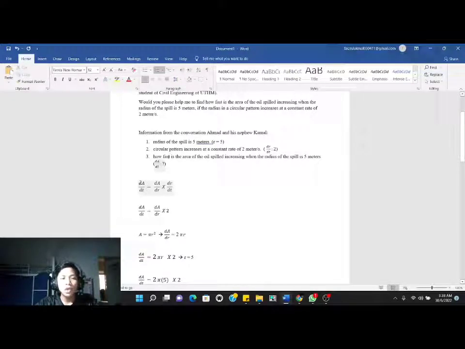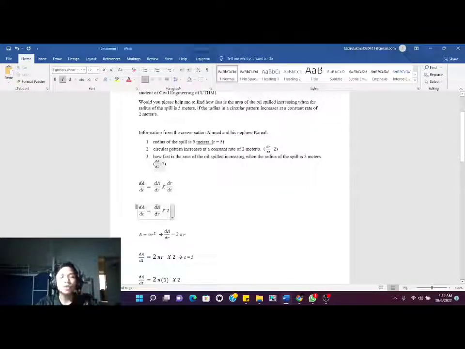As we know, we can split dA/dt using the chain rule method, which is dA/dr times dr/dt. We can cancel dr, so we get dA/dt.